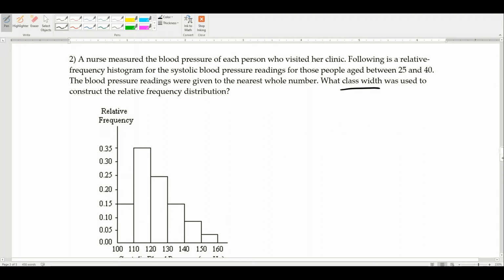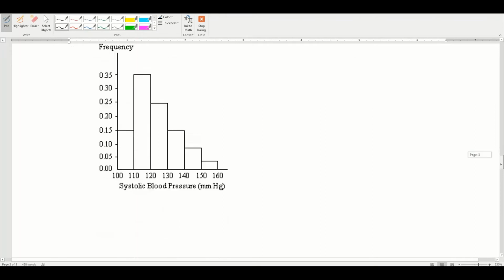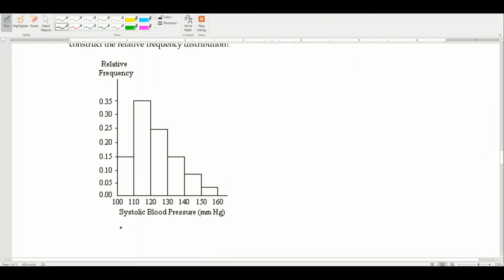And keep in mind, the classes are down here. And so to find the class width, you would just take and subtract any of these. 110 minus 100. It's 10. It'd be the same thing throughout. 10, 10, 10, doesn't matter. And that's it. Not that big a deal.